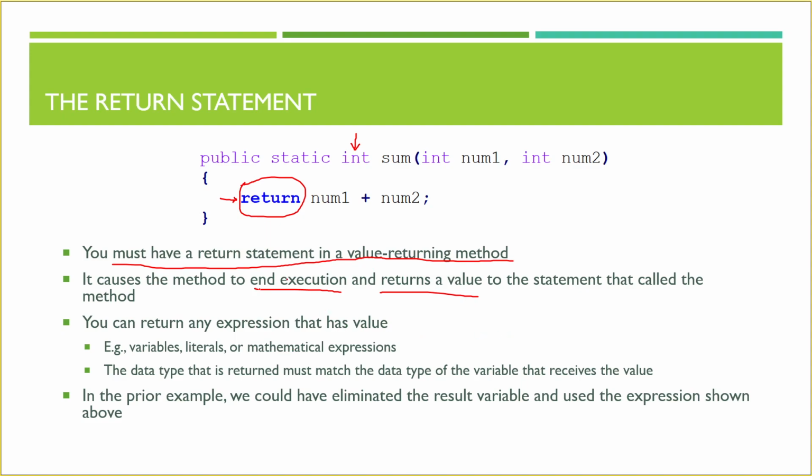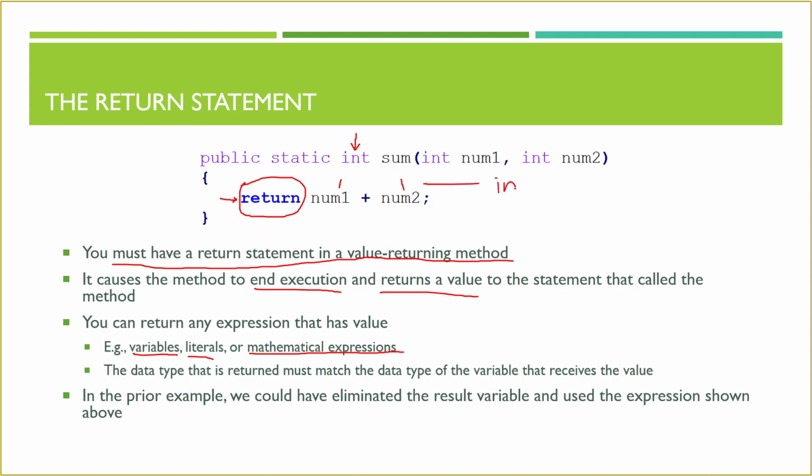And we can return any expression that has some kind of value. So I can return a variable, I can return a literal, or I can return mathematical expressions. Like here I'm returning a mathematical expression between two variables. I can do that because num1 plus num2 will eventually equal an integer.